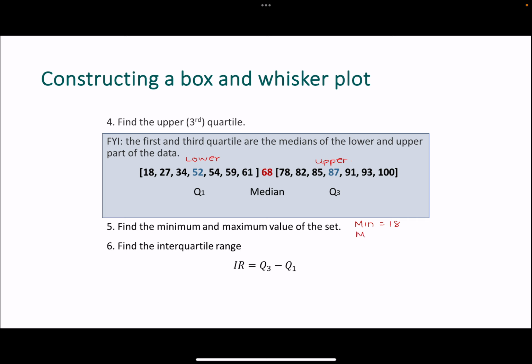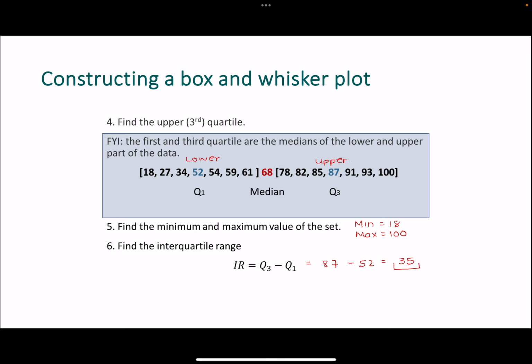The maximum is 100. And we also find the interquartile range because that's going to be how long my box is. I had a Q3 of 87 and a Q1 of 52. So that means I have an interquartile range of 35.